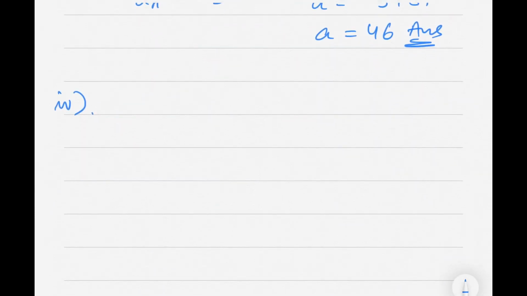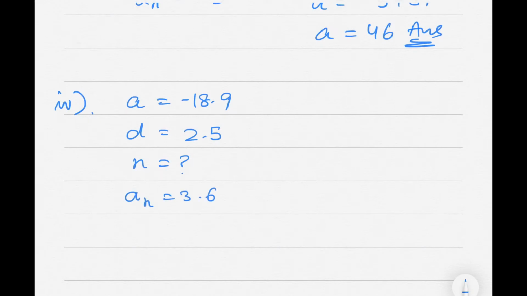So now the fourth part says my a is equal to minus 18.9 and my d is equal to 2.5, and n I have to find out, and my an is equal to 3.6.